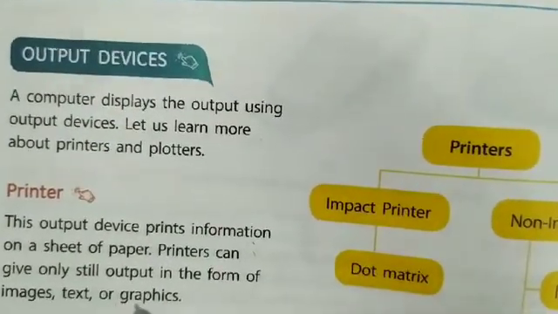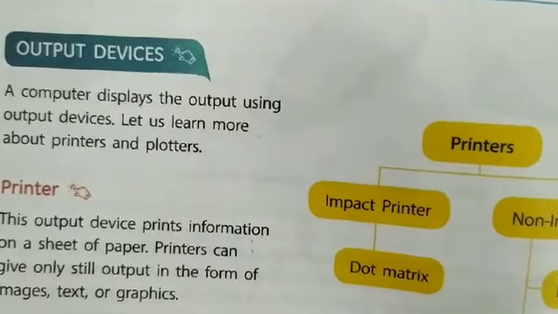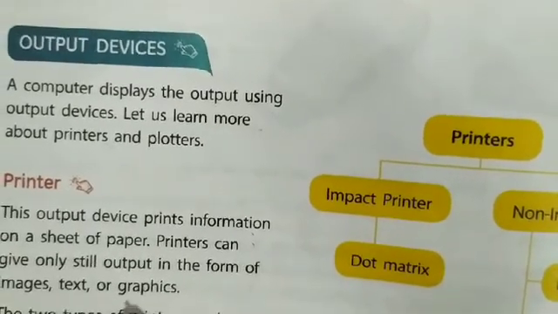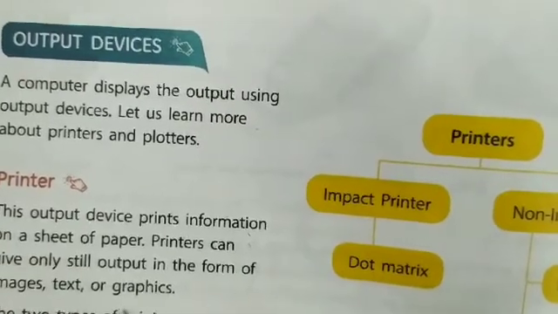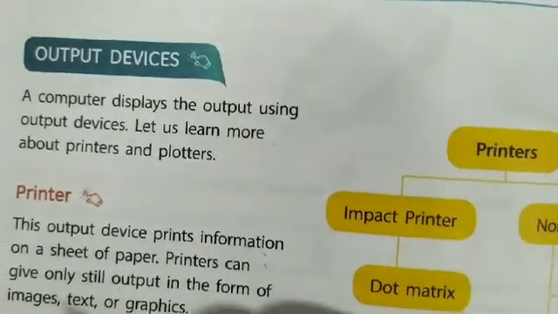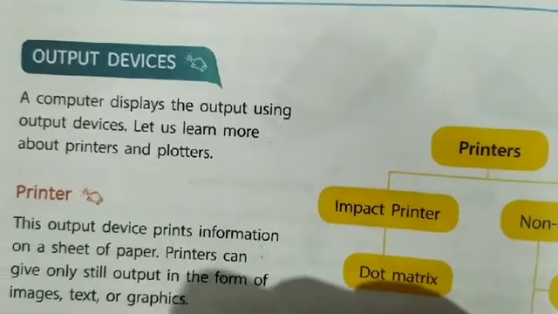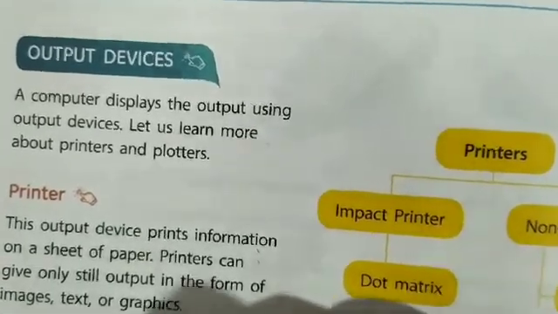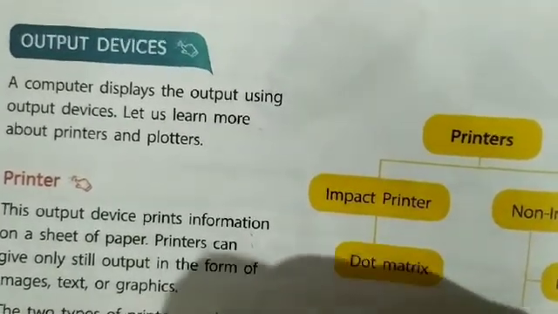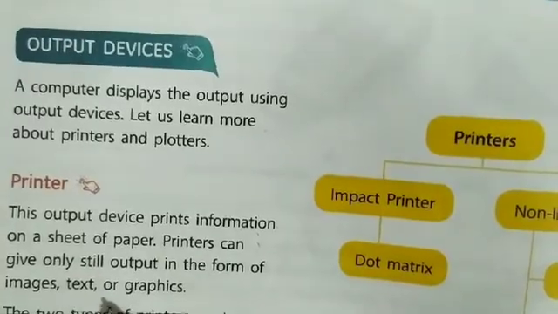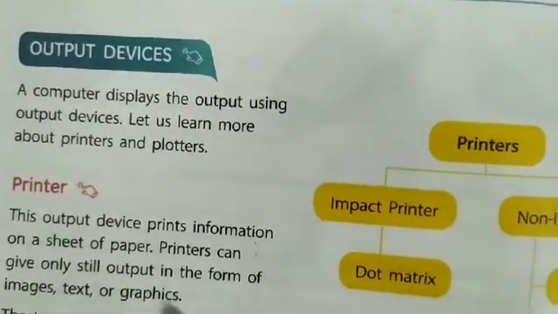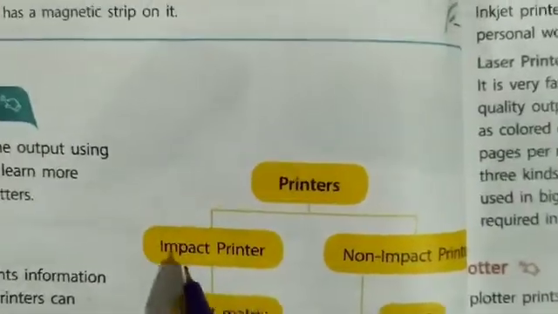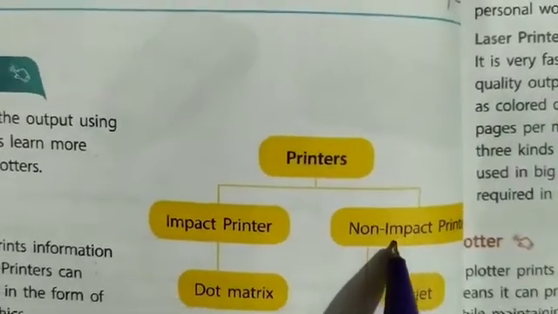It is responsible for taking computer data and generating a hard copy of that data. Printers are one of the most used peripherals of computer and are commonly used to print text, images, graphics or photos. There are two types of printer. One is impact, second is non-impact printer.